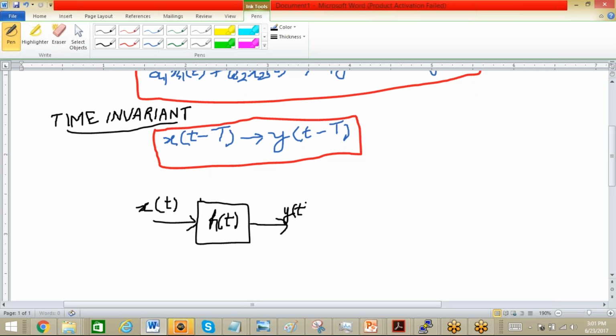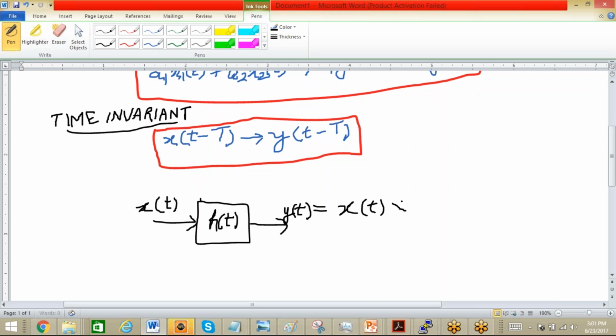Actually, this y(t) should equal the convolution of the system impulse response and the applied input signal x(t).